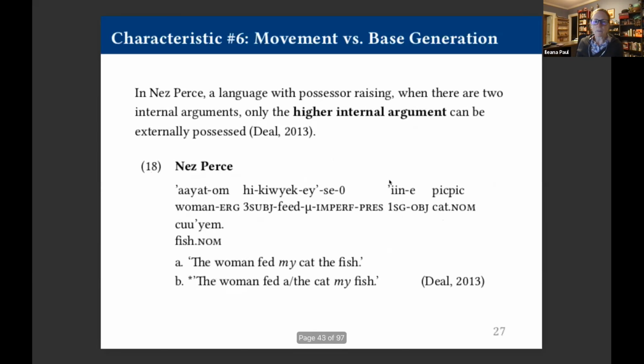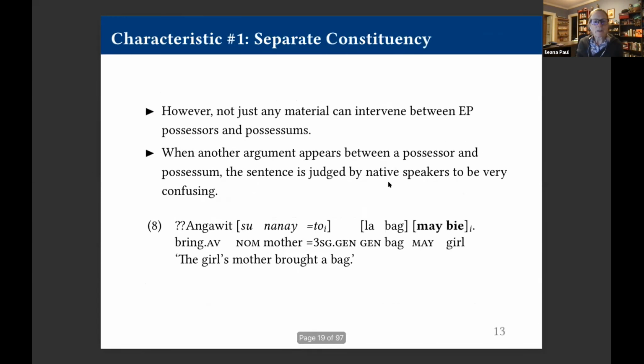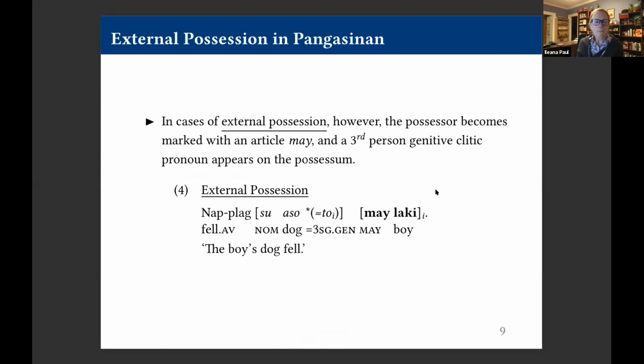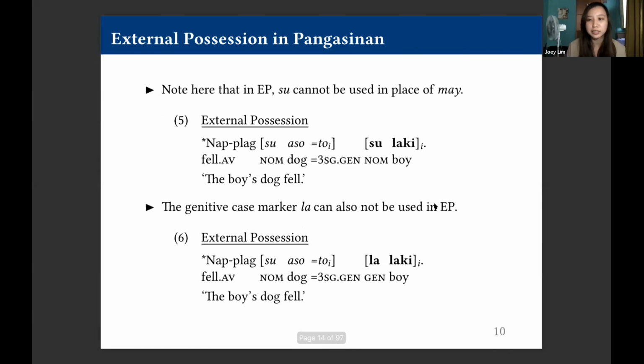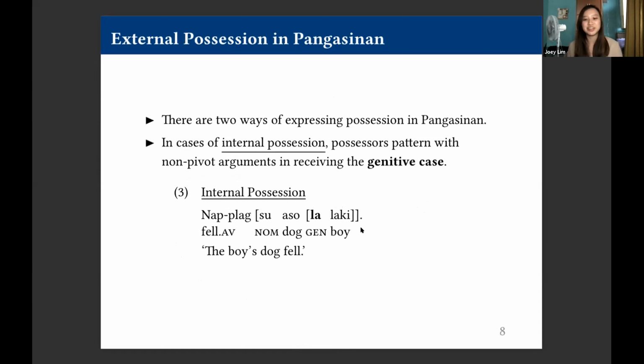In this example 3 on slide 8, that sounds specific to me. Are you talking about example 6 here? I'm interested in the internal possession in example 3. Ah, I see. Okay, I'm sorry. That's a mistranslation. It should be a boy's dog.